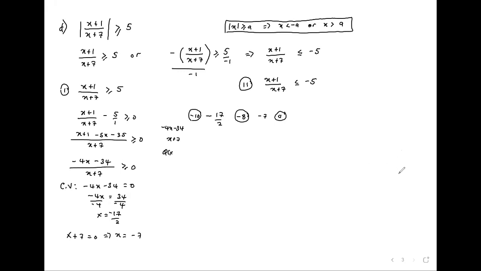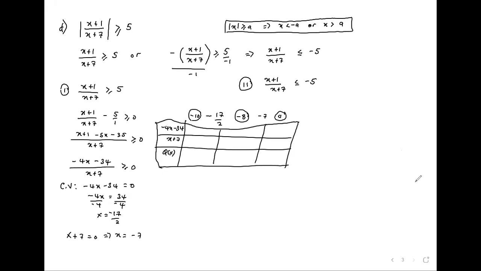So at negative 10, you get positive 40 minus 34, and then negative. At negative 8, you get positive 32 minus 34, which is negative over positive, and at 0 you get negative over positive. Now we have equal to, so we get solution set 1 to be negative 17 over 2, comma negative 7. This is coming down, this is in red.